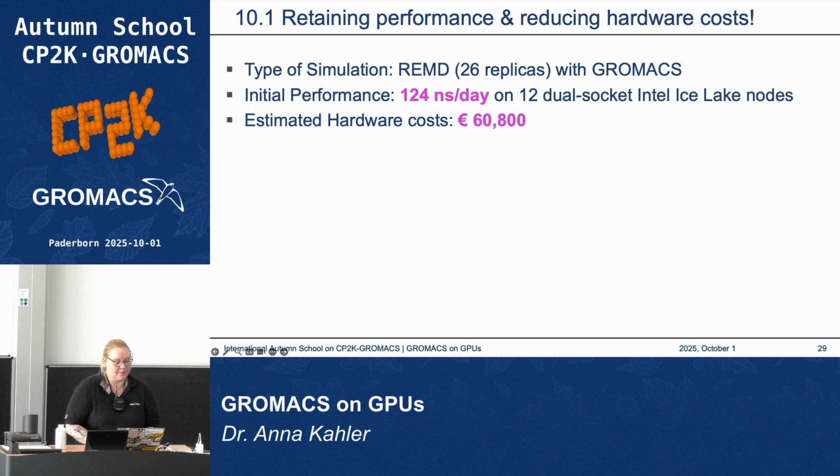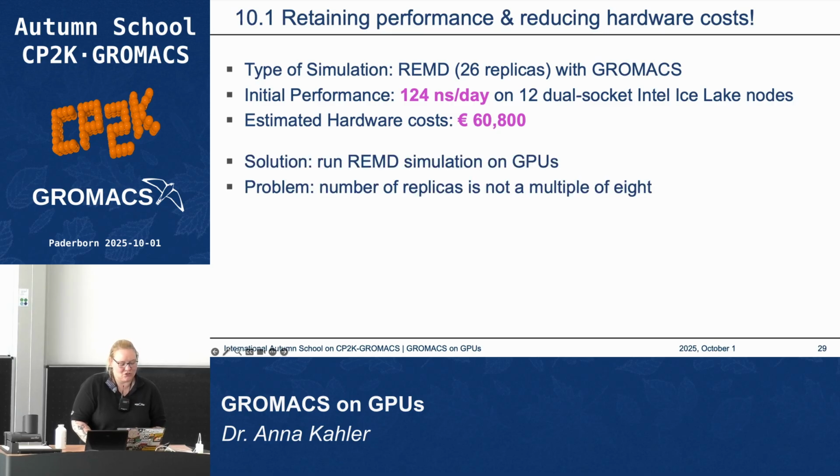They didn't know. The estimated hardware costs in the beginning were a bit more than 60,000 euros, which is fine. I mean, it is what it is if you use expensive hardware and multiple instances of that.